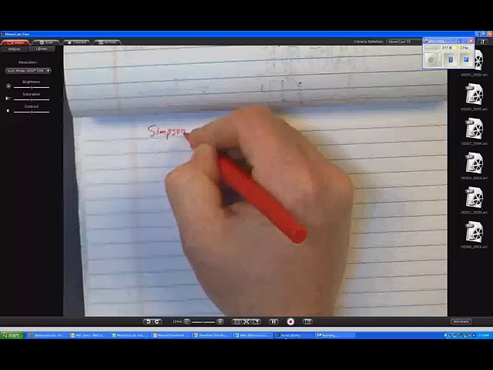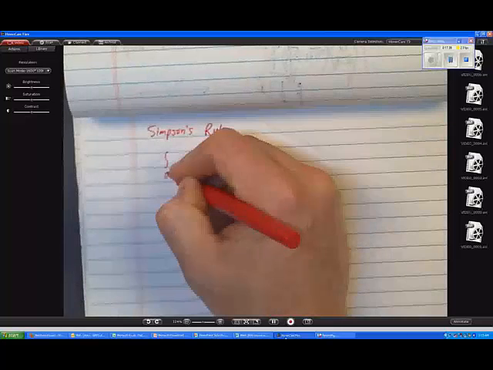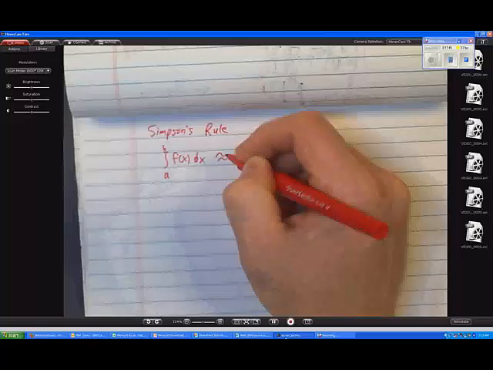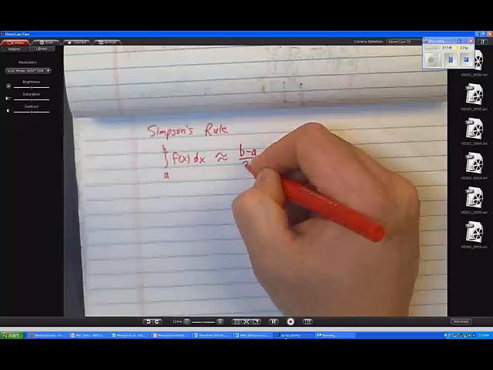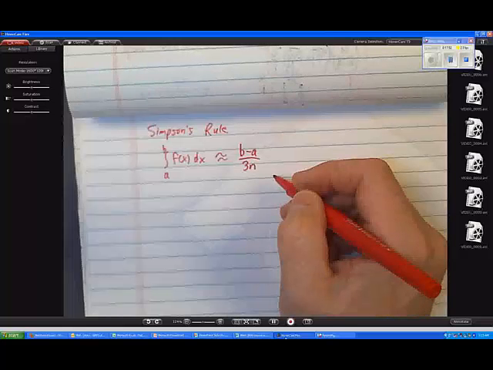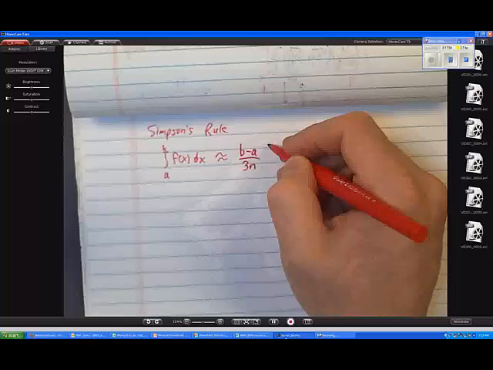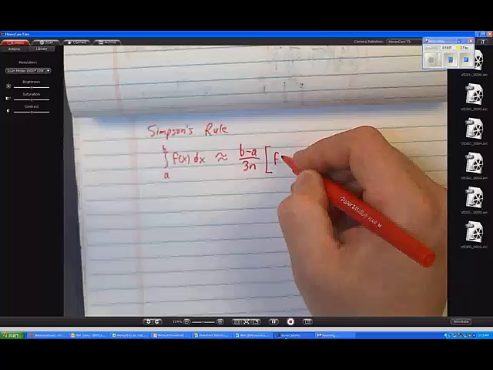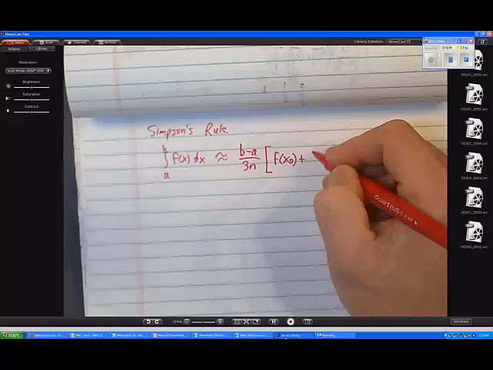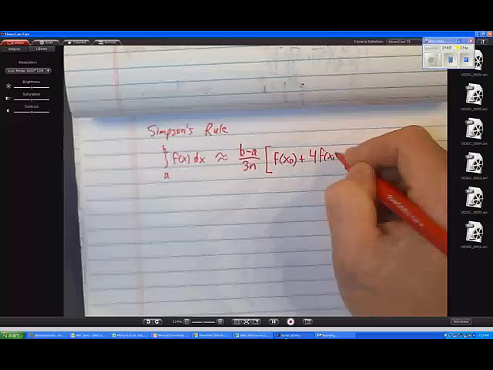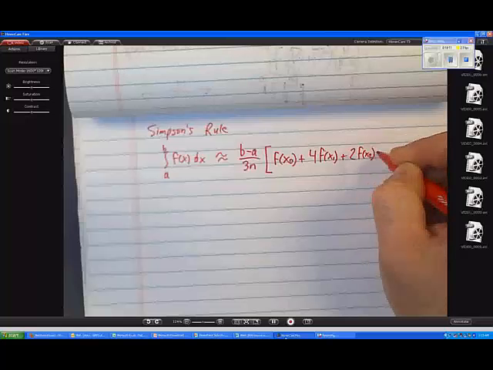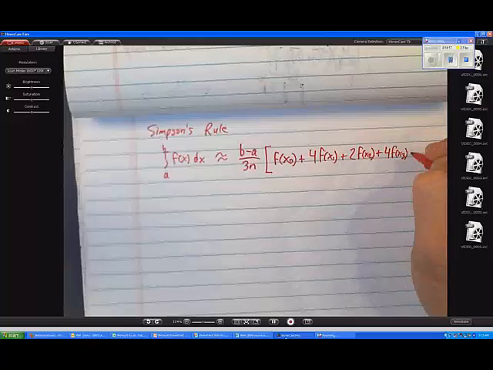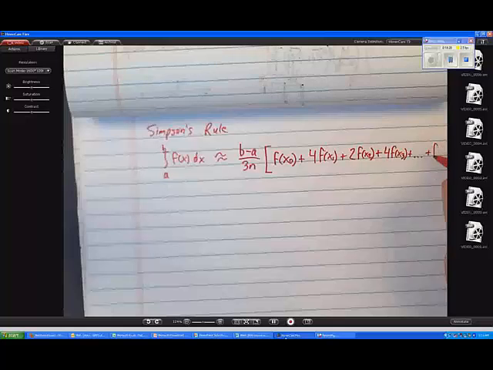and then I'll use it, that the integral from a to b of f of x dx is approximately equal to b minus a over 3n times, well, in our example, it's f of x0 plus 4 times f of x1 plus 2 times f of x2 plus, and then it keeps alternating, 4 times f of x3, and then at the very end, you want f of xn again, just like before.